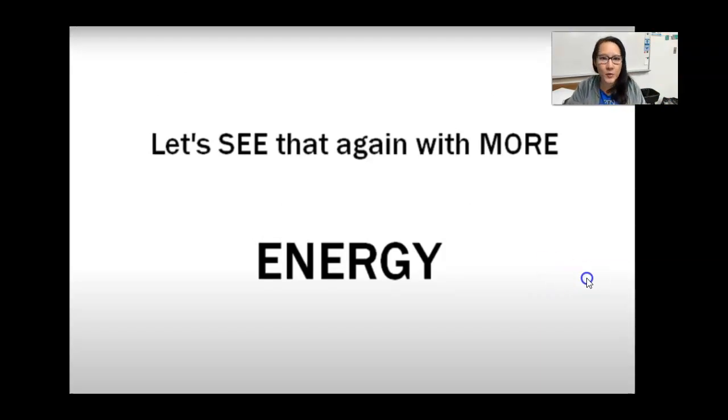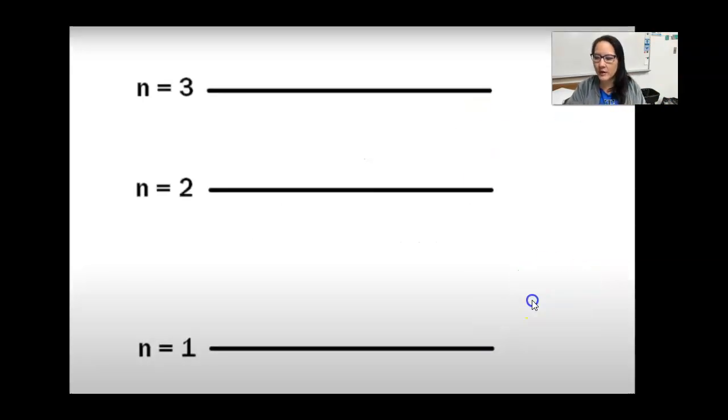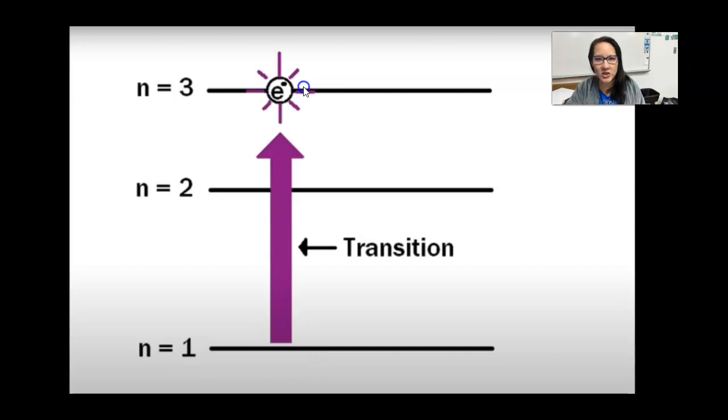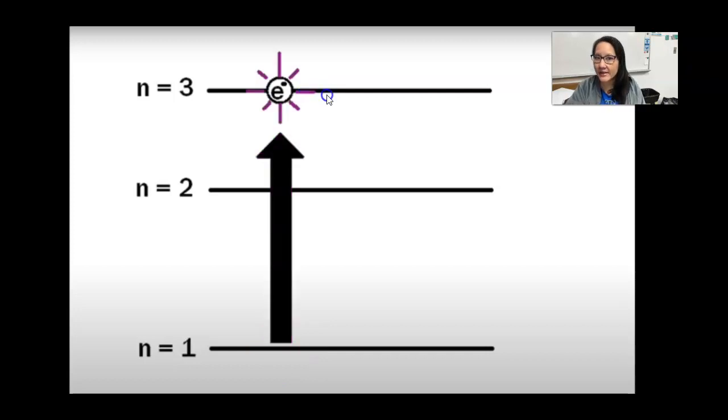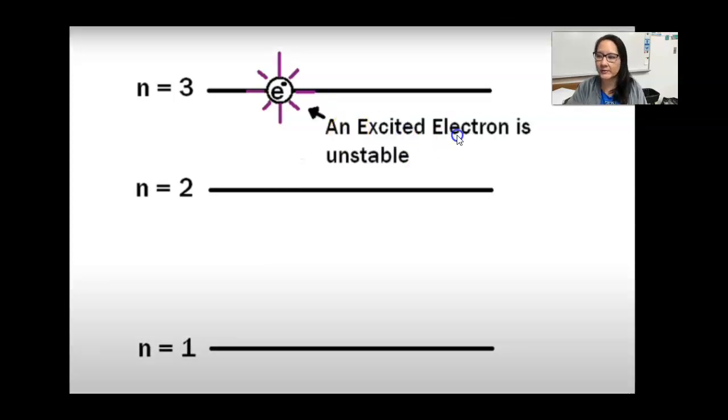Let's see that again with more energy. So again, ground state, excited state. Now we have energy that is high enough that we can jump to energy level 3. So we transition to energy level 3. This is an excited state. This electron's in an excited state, an excited electron.